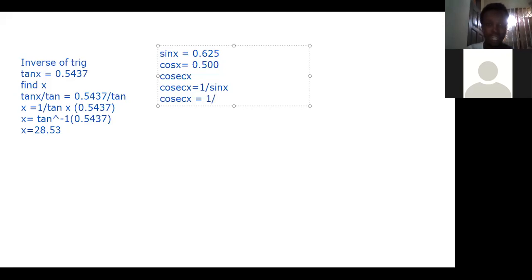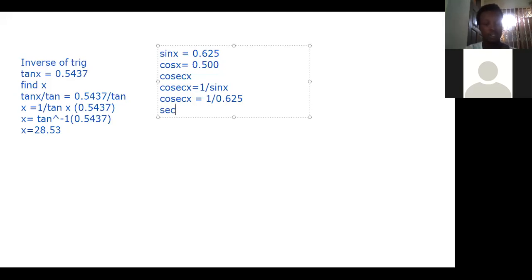But here we know that sine x is 0.625. So cosec x will be 1 over 0.625. That was all they wanted us to do. So that'll be 1 divided by 0.625. You can use your calculator.